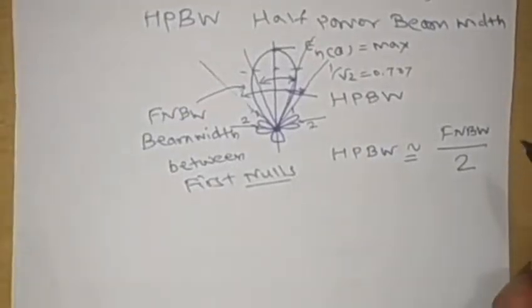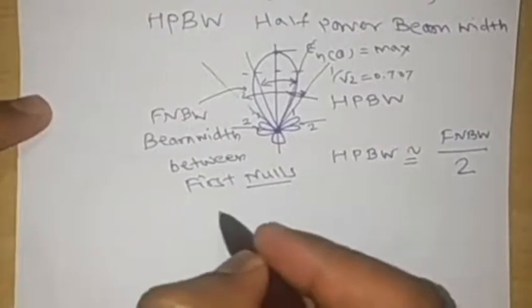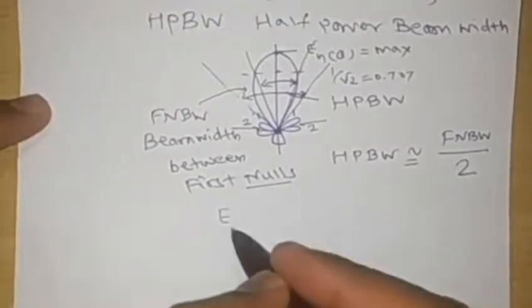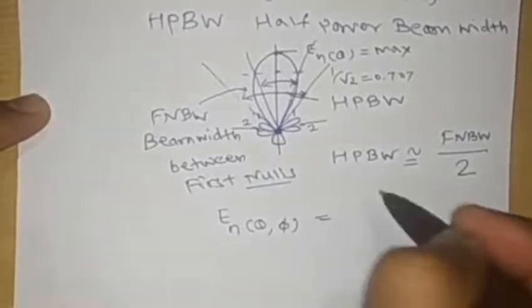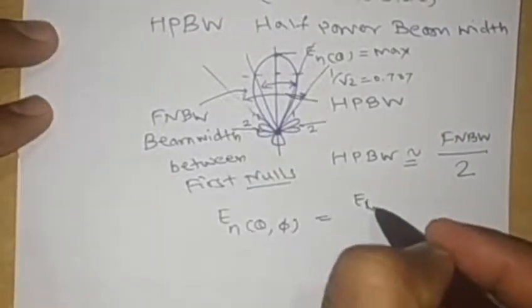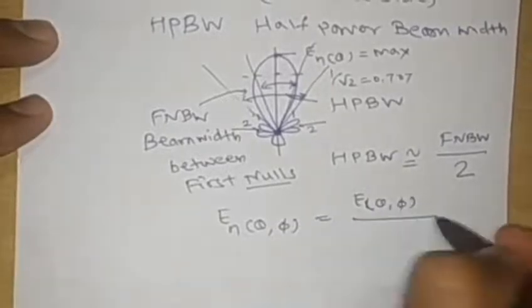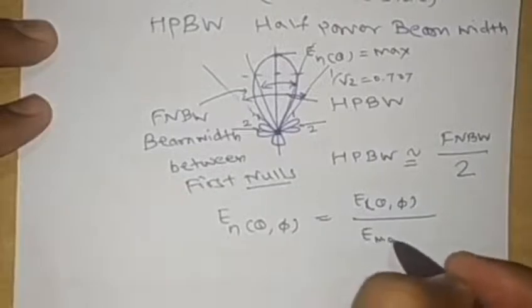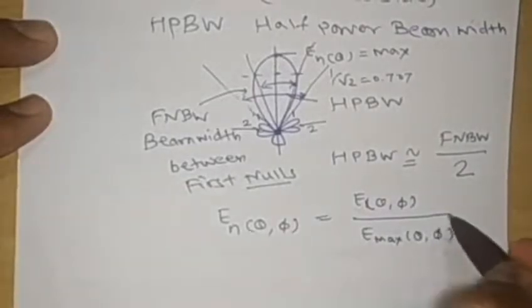So now let's obtain the normalized form of the radiation pattern. The normalized field radiation En of theta comma phi can be obtained by dividing the value of the electric field pattern E of theta comma phi by its maximum value, E max of theta comma phi.